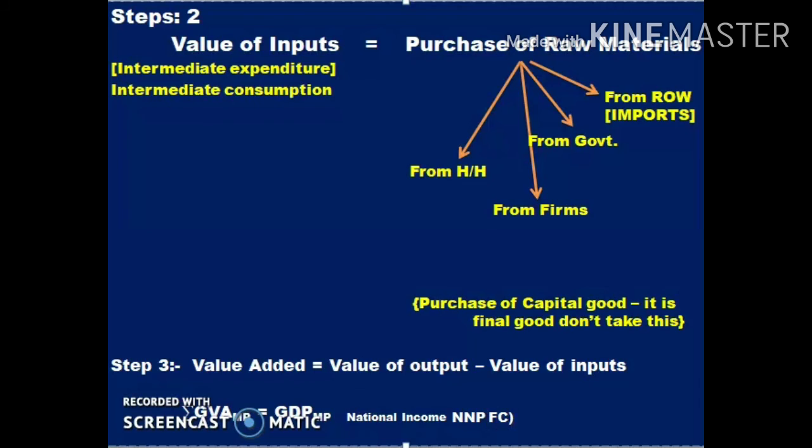So how will you find it? First you have to find the GDP MP in the product method. At first you have to find it and then you have to convert this to NNPFC. In the question, certain terms may be given for the conversion.